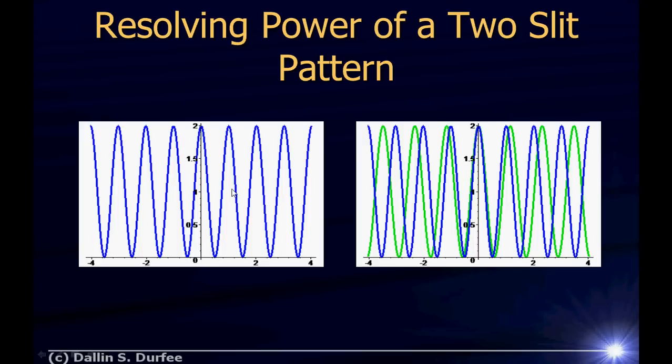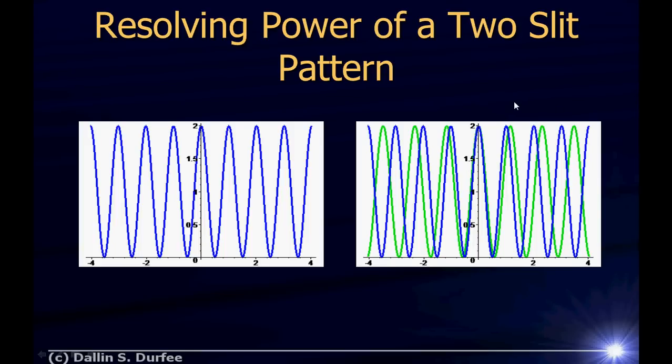And if you look at this, notice these two patterns are on top of each other. They're really close together, right? So it might be really hard to tell with just a two-slit aperture the difference between these two wavelengths. If I shot one of these wavelengths in, I might be off by about this much. If I go to a higher diffraction order, however, they get further and further apart.